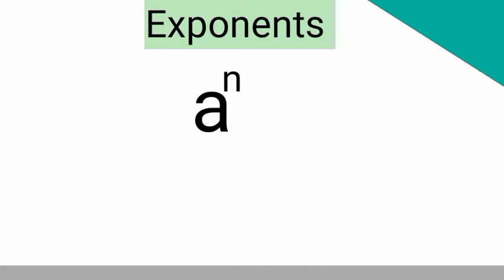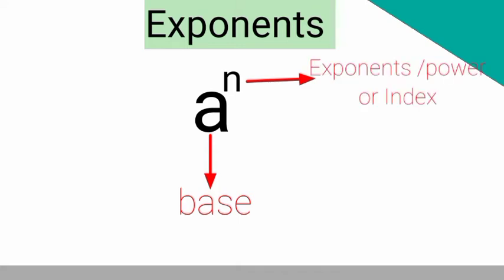So, in general, for any rational number a and a positive integer n, we define it as a raised to the power n, where a is known as base and n, which is at the upper right corner of a, is known as power or exponent, or you can say index.